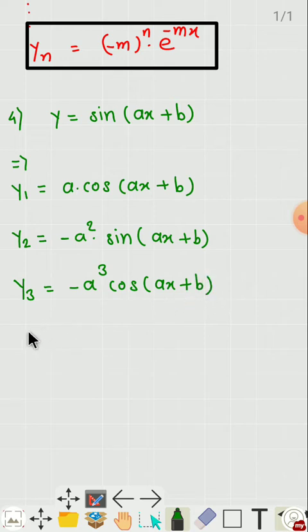y4 is equal to a raised to 4 into sine of ax plus b.